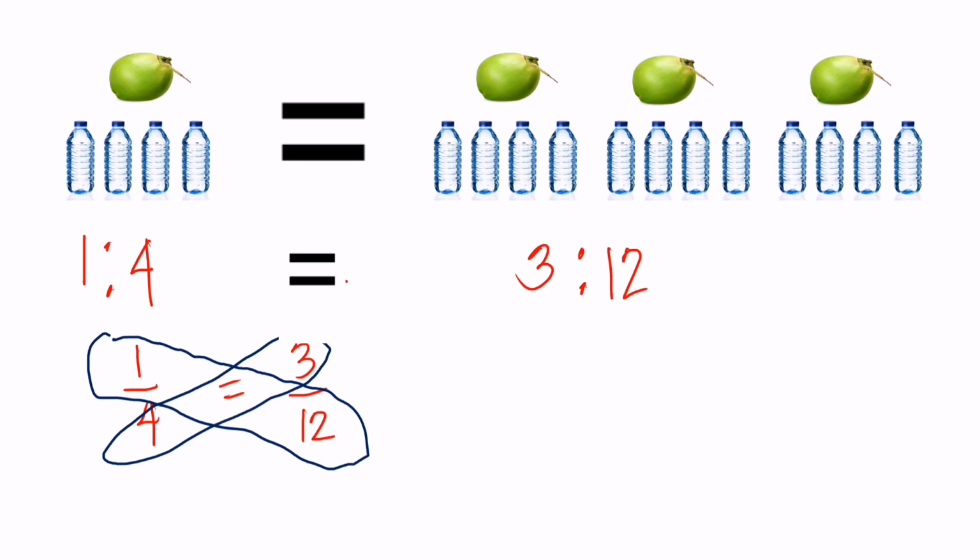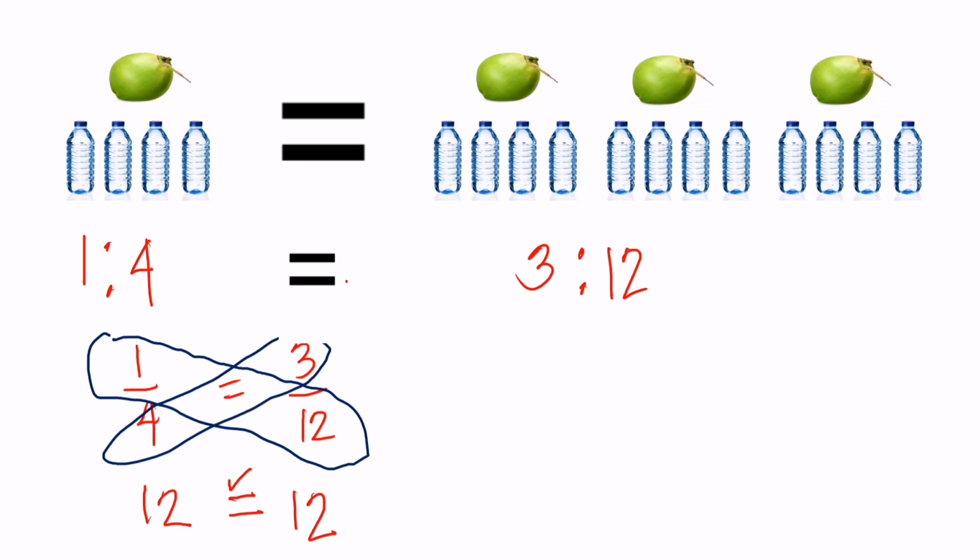So, unahin natin i-multiply si 1 and 12. So, 1 times 12 is equal to 12. Write the equal sign. 3 times 4 is equal to 12. So, ibig sabihin, 1:4 is equal to 3:12. Ibig sabihin, the taste of 1 buko is to 4 liters of water will be the same to the 3 bukos is to 12 liters of water.